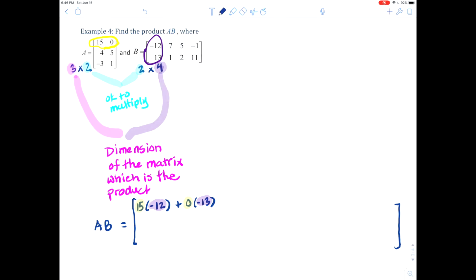So our next multiplication will be what? Awesome. I still use that first row for A, but now I've got to use the second column in B. So I'll have my 15 times 7 this time, plus 0 times, good, 1.